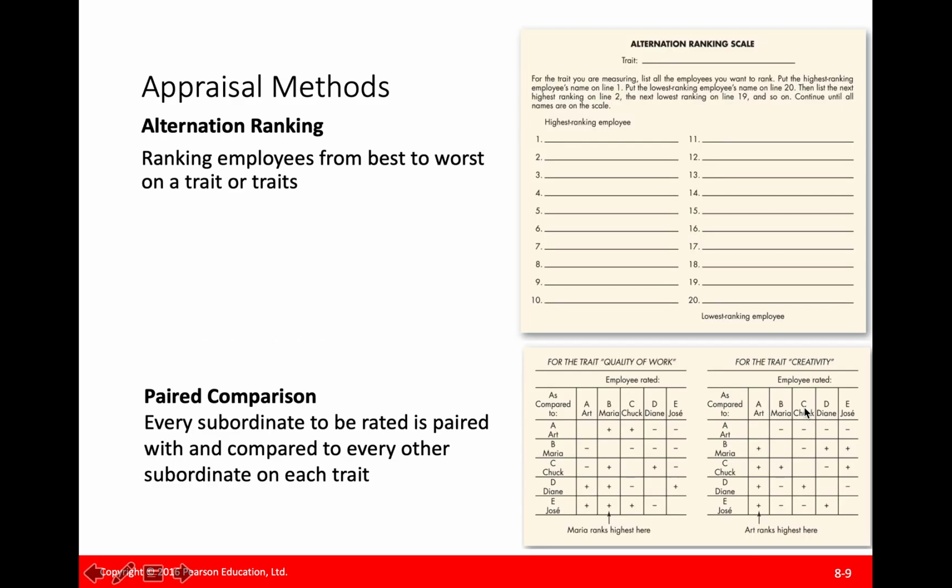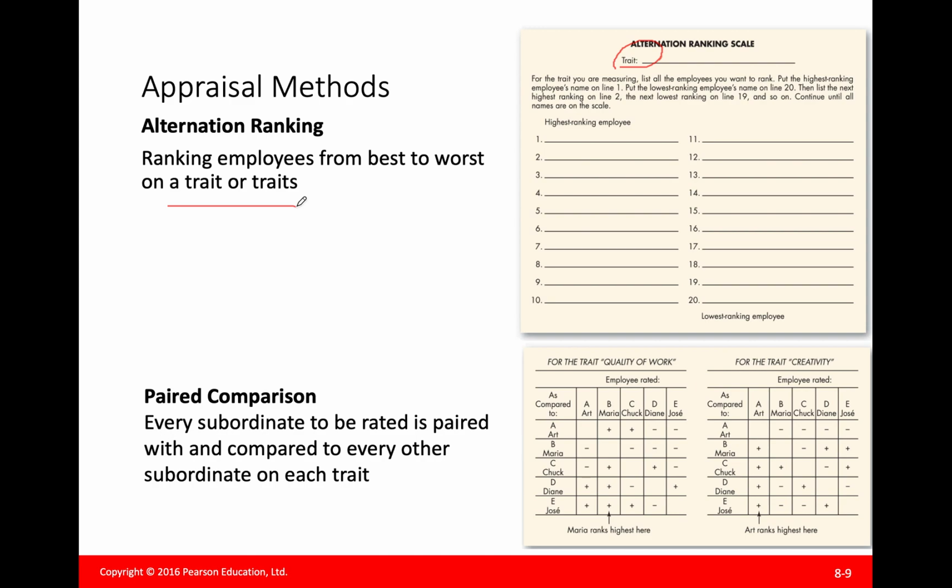Okay, the next method is alternation ranking. Alternation in Vietnamese, this method is đánh giá luân phiên. So what does alternation ranking mean? They also have traits, which are job dimensions or competencies.